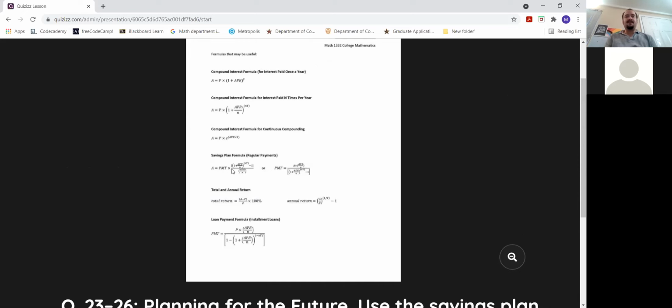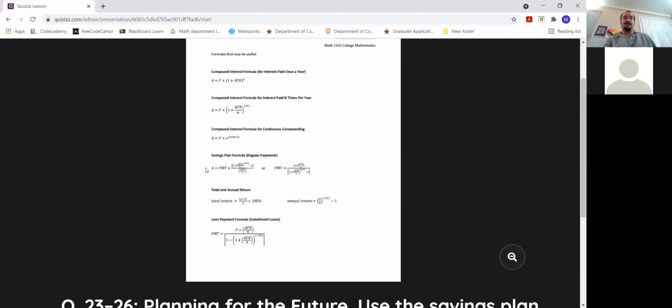If we're looking at the savings plan formula, you might notice there are two equations that they give you. This one is solved for what? The A, or the accumulated amount. This one is solved for PMT, or the payment.